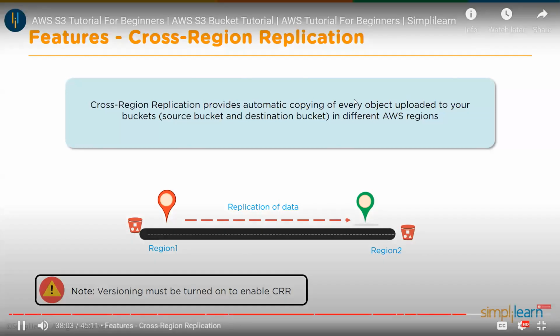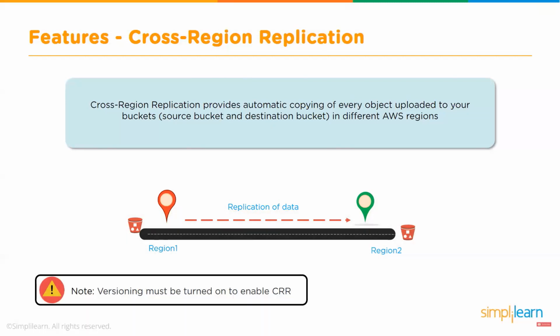If tomorrow the original region goes down, the other region will be active and it has the complete data that was present in the original region. Or at any point, if we want to simply cut the replication and use the other bucket as a standalone bucket, it can be used as well, because it already has all the data that was present in the original bucket.